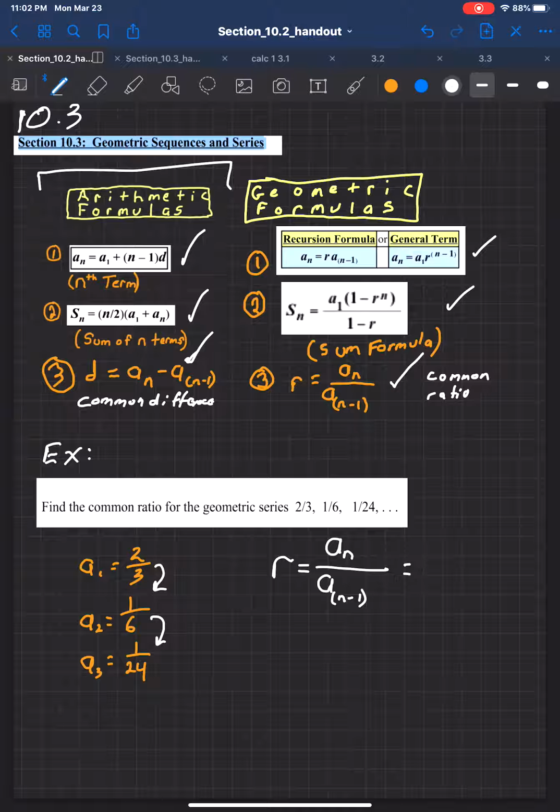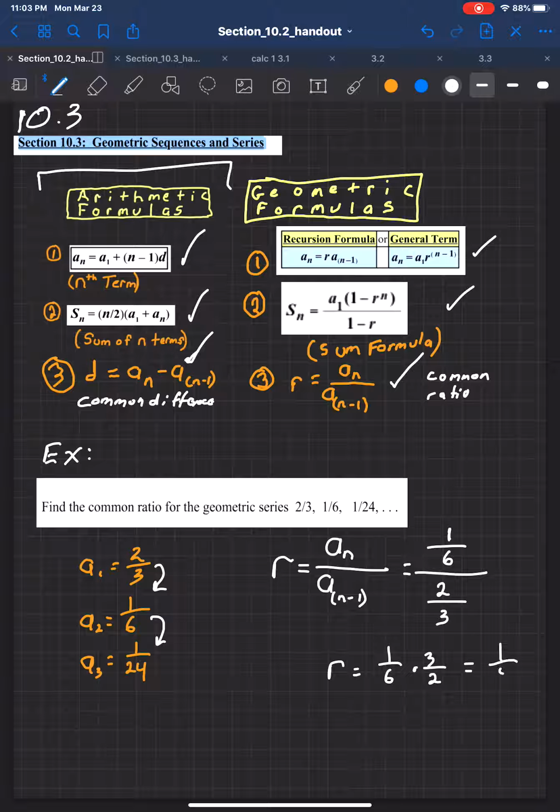In this case, we'll take the second term, which was 1/6, and we'll divide that by the previous term, which is 2/3. Right, so that's not bad. So 1/6, we will flip, we will multiply, and that gives us our common ratio, 1/4.